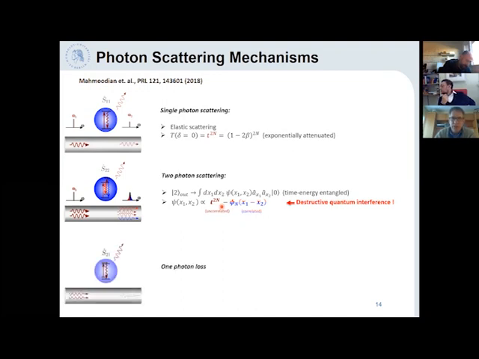So, and then finally, there's, of course, for this uncorrelated part here, one photon loss, which gives rise to this finite transmission, because the two photons can arrive simultaneously at the atom. One photon is scattered out, and I'm left with one photon continuing in the fiber and one scattered into free space. And this contributes to an uncorrelated single photon background, okay?